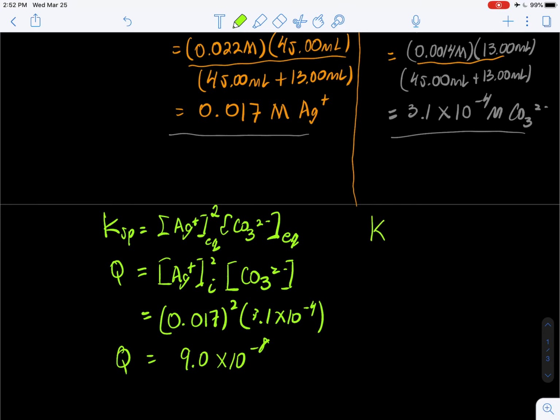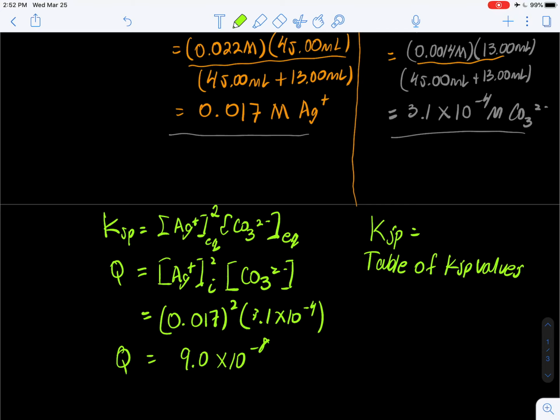Now what I'm going to do is refer to a table of data, and we're looking for Ksp values. At the moment, I'm using a different textbook, but I'm going to flip to the appendix and find that value here for us so we can complete the problem.